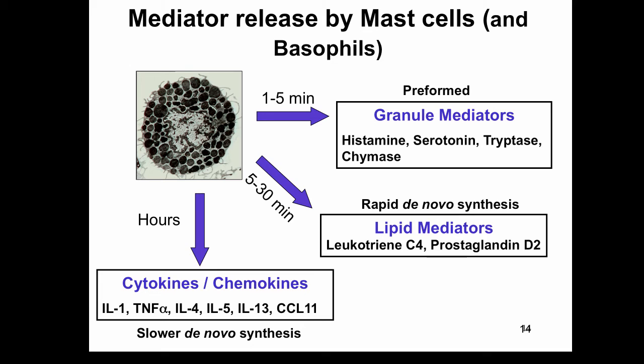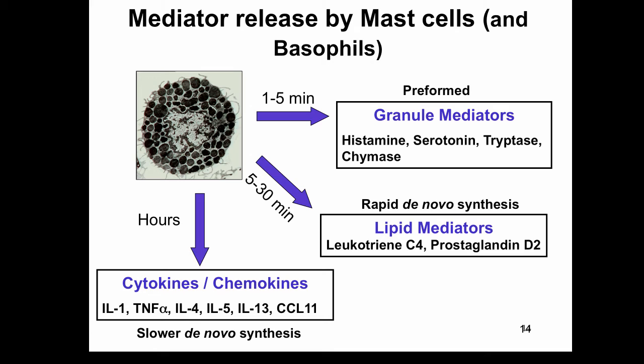inflammatory response. A little bit later, these cells will also release lipid mediators, or bioactive lipid molecules, like leukotrienes or prostaglandins that are synthesized as a consequence of Fc-epsilon receptor signaling. This takes a little while, but still just a few minutes, and they're released into the microenvironment and also promote an allergic inflammatory response.